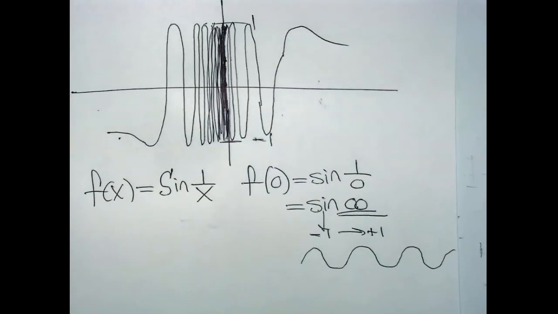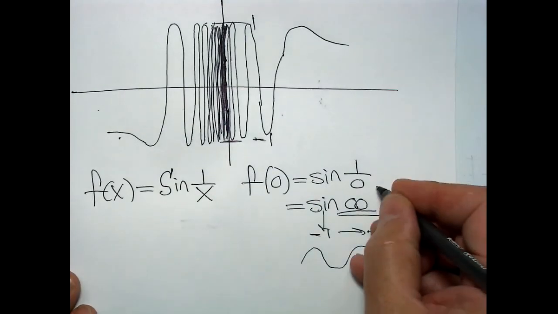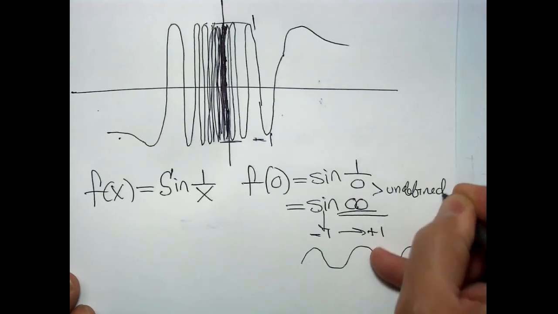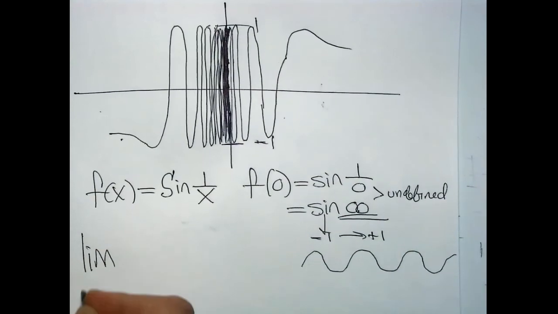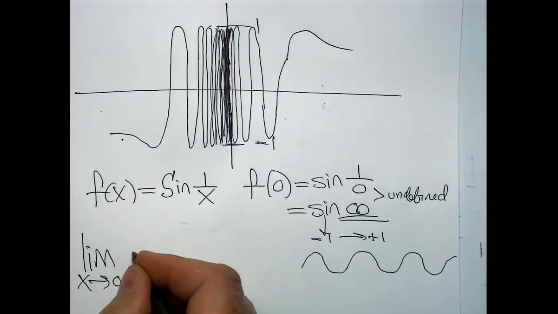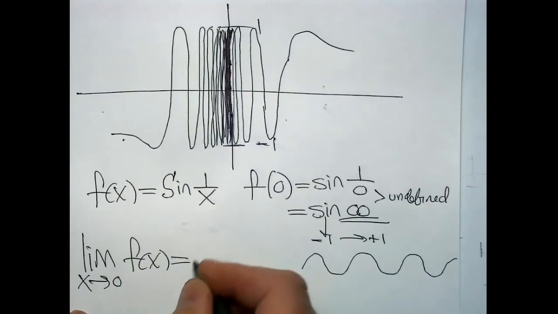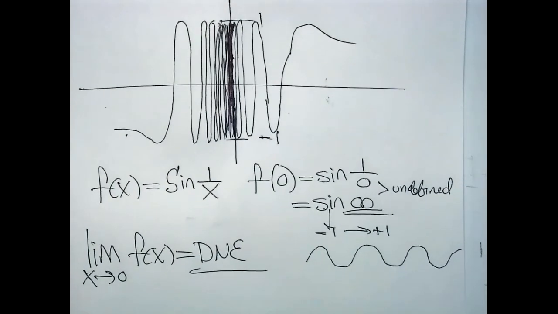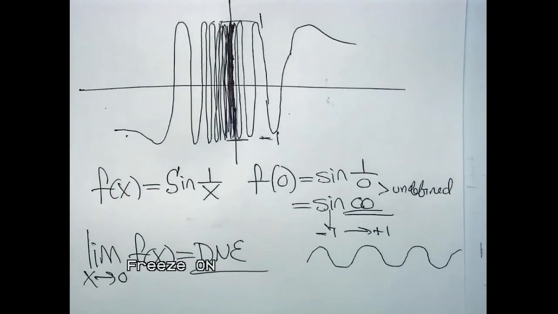The same held true in here. My y value is somewhere between 1 and -1. So the sine of infinity, the sine of 1 over 0, is just simply unknown, undefined. Therefore, the limit as x approaches 0 on this particular function, I don't know what it is, does not exist. That's another situation where you do get does not exist for a limit.